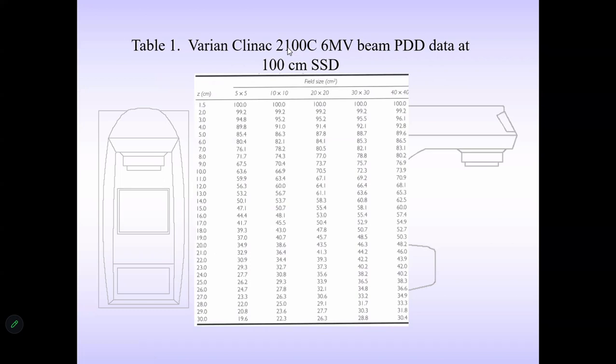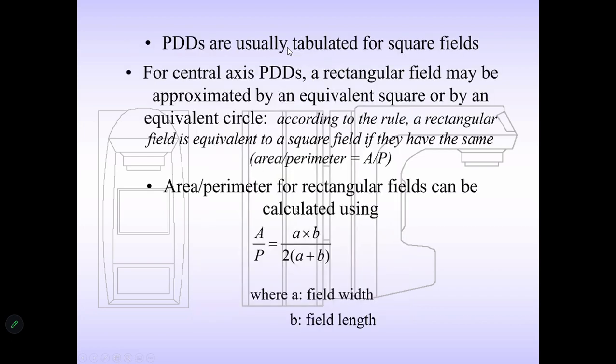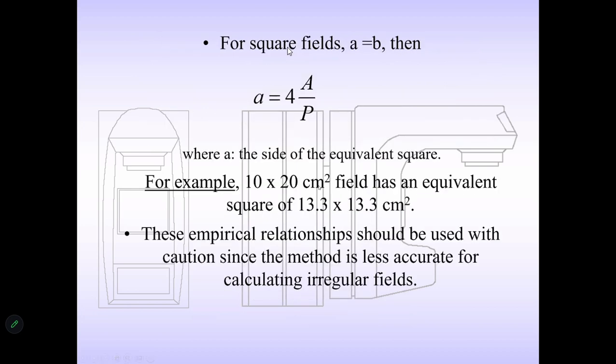This is a typical percent depth dose data for a Varian 2100 machine. Okay, 2100 could be an iX, could be a C, could be an EX, or could be a Trilogy. But if you look at Dmax, it's always 100% and goes down. We talked about the equivalent square.